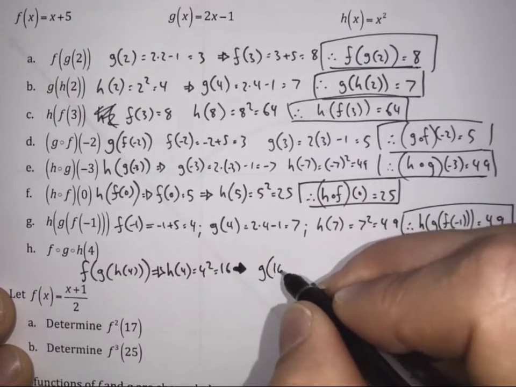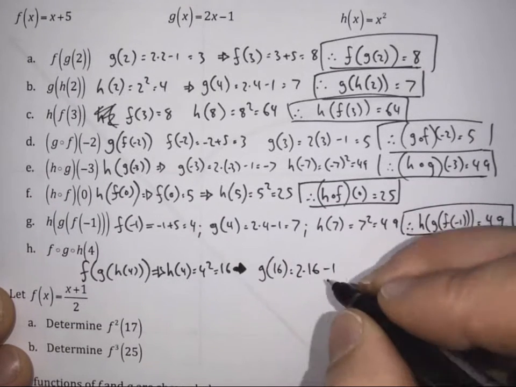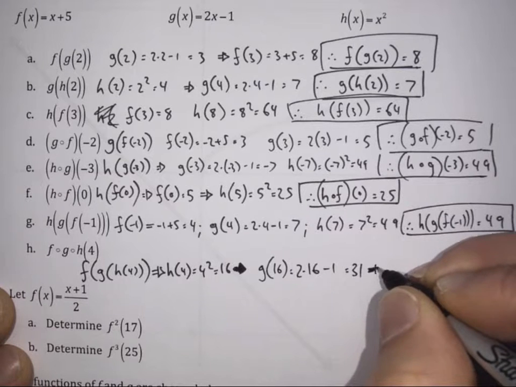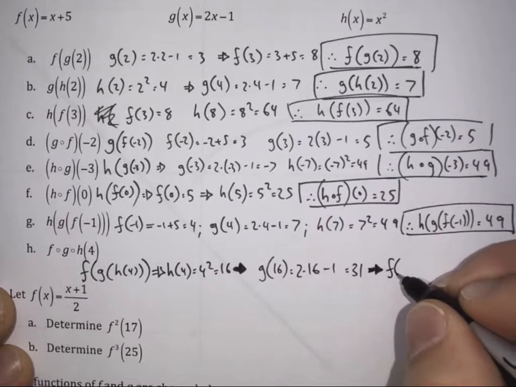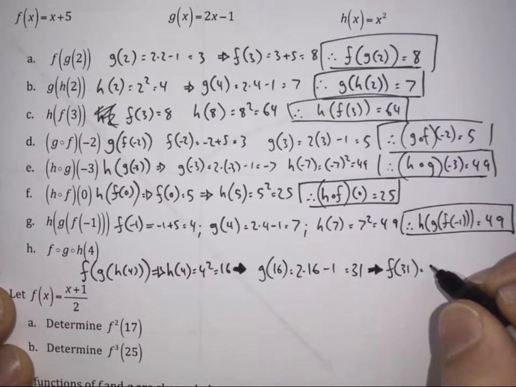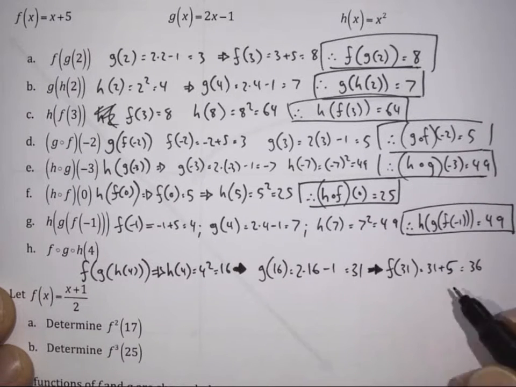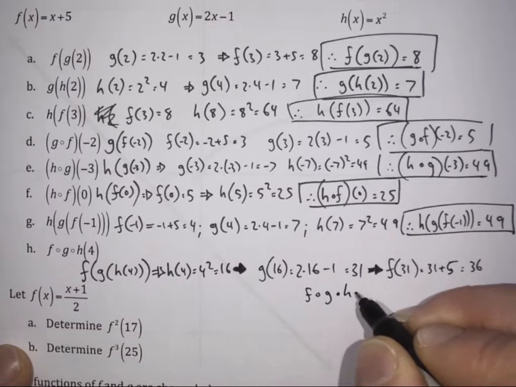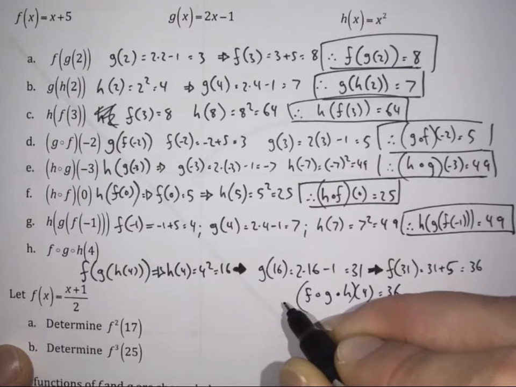So g of 16 is 2 times 16, take away 1. So it's going to be 31. All right. And then I have f of 31, which is 31 plus 5, which is 36. All right, so f of g of h of 4 is equal to 36.